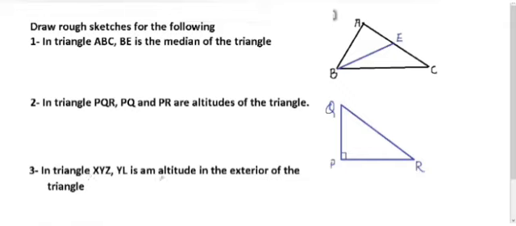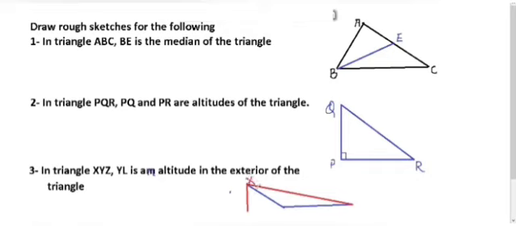Now in triangle XYZ, YL is an altitude in the exterior of the triangle. Now it is an altitude exterior to the triangle. It means it will be an obtuse angle triangle. I have told you earlier in this video, an altitude can lie outside the triangle also. So here if I am taking the altitude this way, now see, our triangle was XYZ.